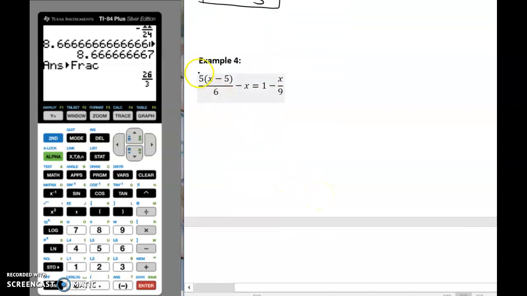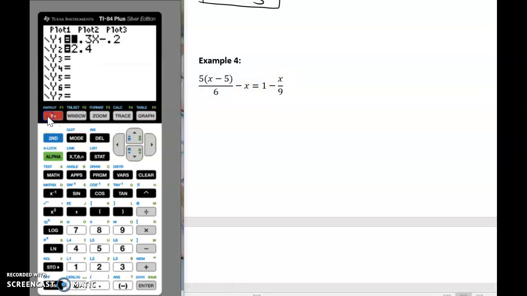So example 4. Here we have 5 times x minus 5 divided by 6 minus x on the left side. That equals 1 minus x over 9. So we're going to use the same approach. So clearing out y sub 1, we're going to put in what's on the left side, and then divided by 6 minus x.